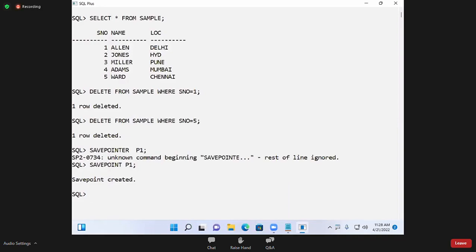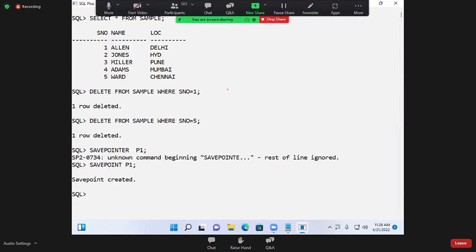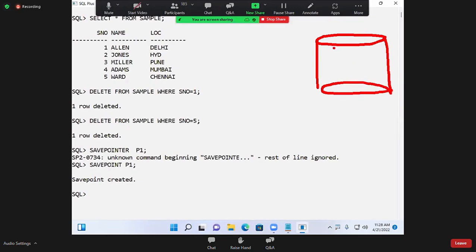Now this is your database, guys. In this database, how many rows do we have in total? 5 rows: 1, 2, 3, 4 and 5. Out of the 5 rows, I deleted the first row.